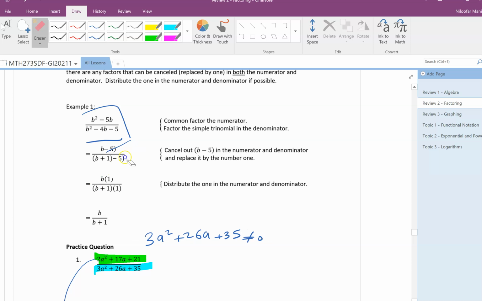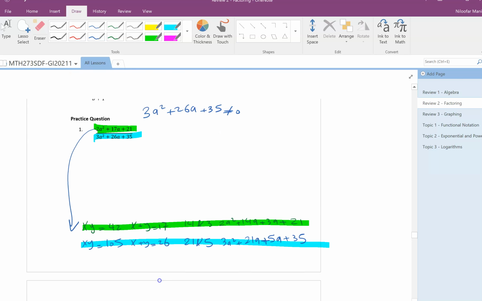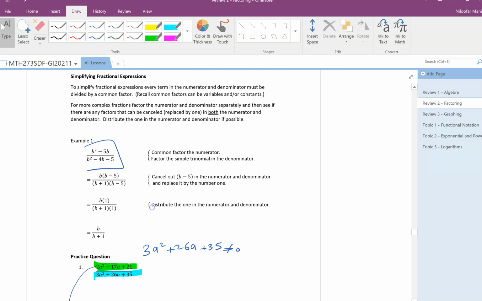See, I factor top, I factor bottom. Okay, so what happened? I factor top, I factor bottom, and then I say, okay, common factoring, and then just factor trinomials, and then I see this is in common, I factor. I cannot factor this. How do I cancel this? I can factor, but how do I cancel?